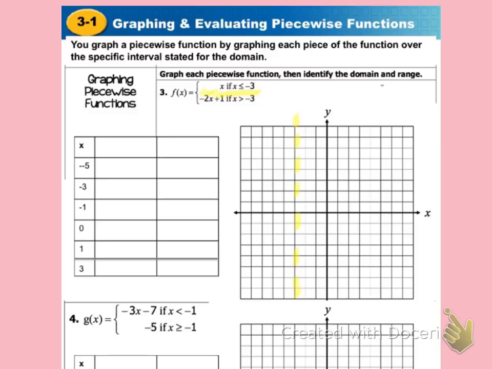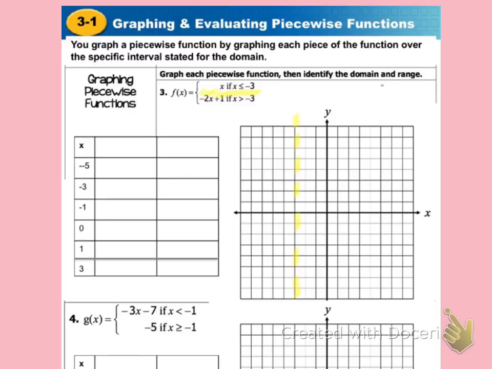Now, as you get more comfortable with graphing piecewise functions, you may use a simpler strategy, but for the first couple, we're going to use a table. Because this graph is in 2 pieces, we're not going to use the entire table for the first piece or for the second piece. We're going to split it up and use half of the table for the first piece of the graph and the other half for the second part.